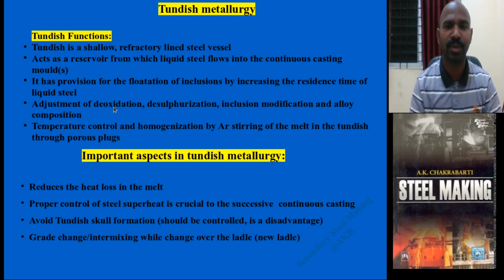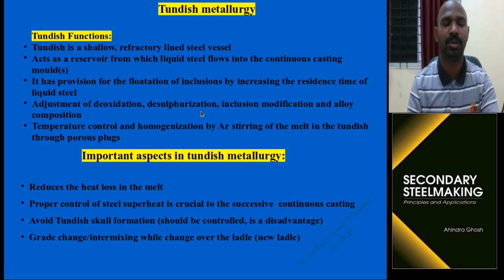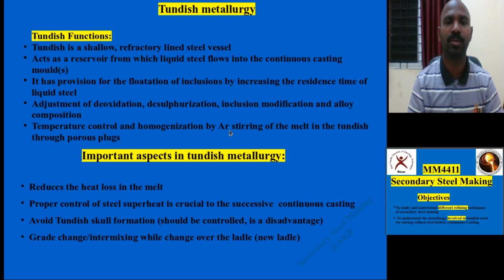You can allow the deoxidation and covering with the tundish cover, and you can modify the inclusions. You can add other alloying additions, tungsten, molybdenum. And temperature control and homogenization are mainly achieved by argon gas stirring within the melt of the tundish vessel.